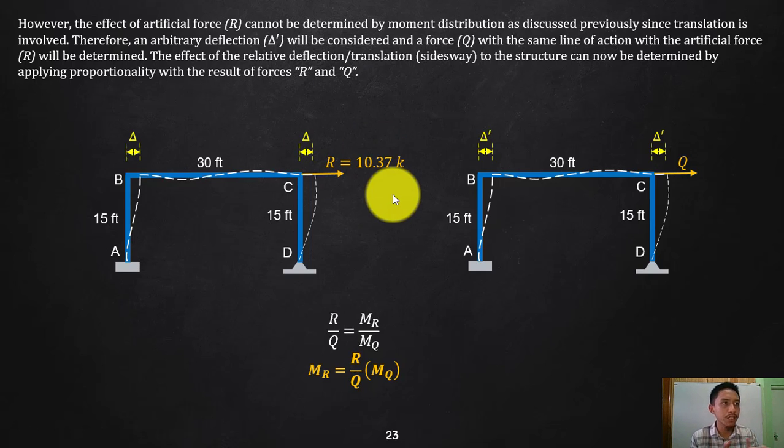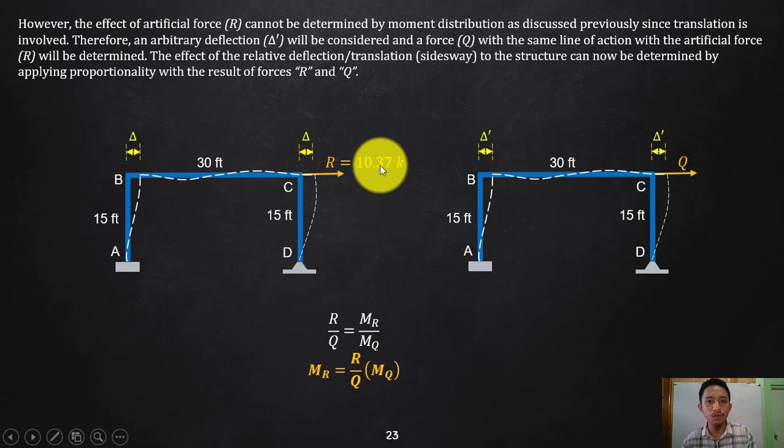If you still do not know the force, apply a unit load, and if you already know the force, all you need to do is multiply the effect of that unit load by the total force. That is the same concept we are trying to do here, but of course it is not one, since it depends on what value of delta you assume. If I assume a delta and end up with a Q, then the effect of that should be proportional to the effect of R, as in the original delta.